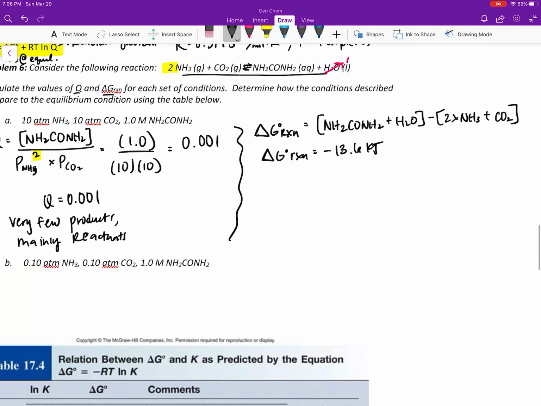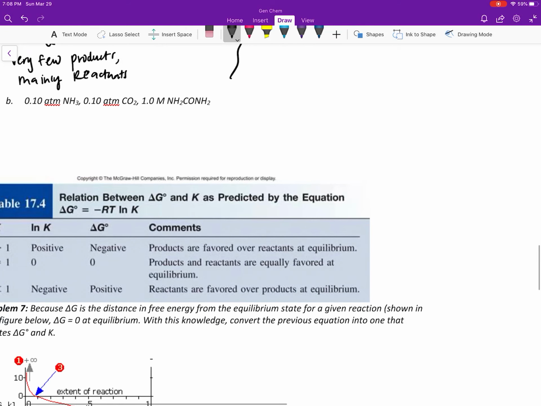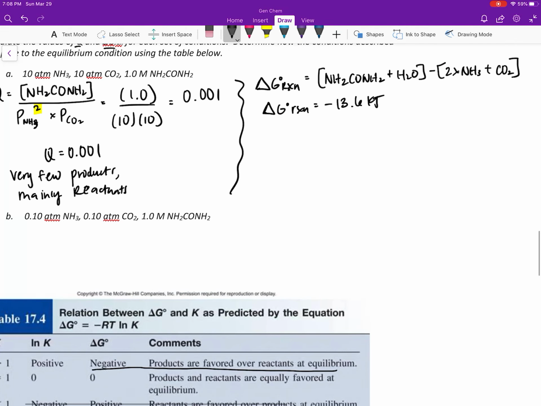When we have a negative delta G value, this tells us that the products are favored over the reactants at equilibrium.